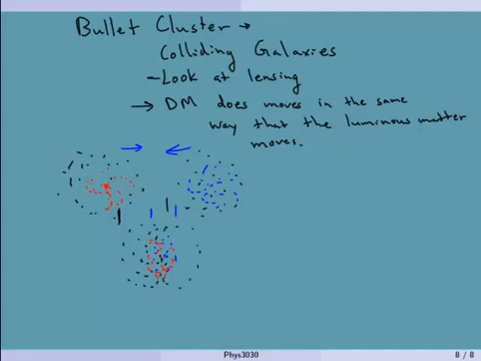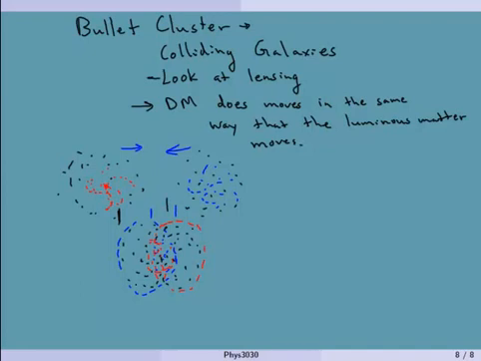So I would expect to see a sort of distribution like this, where I only have 3 colors here, but I'm going to draw sort of, that's the red galaxy's dark matter, and that's the blue matter's dark matter. Okay, and so they're sort of shifted. The blue matter just keeps going through, the red matter keeps going through.